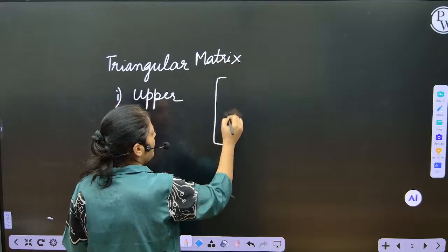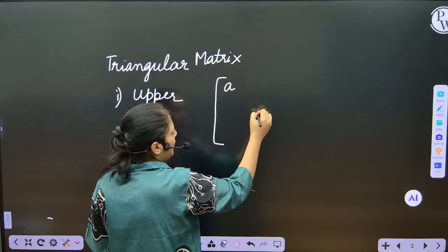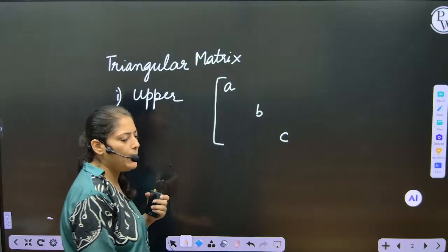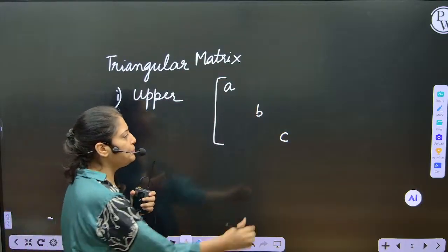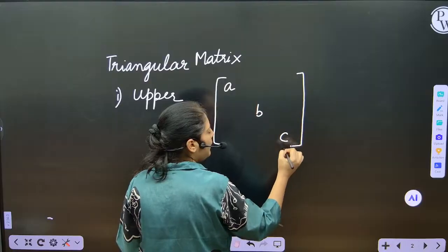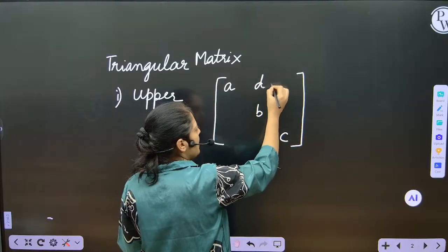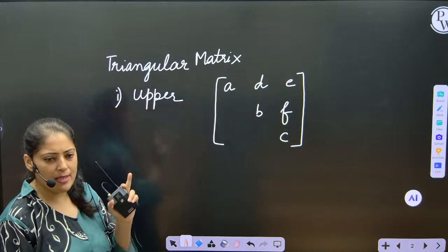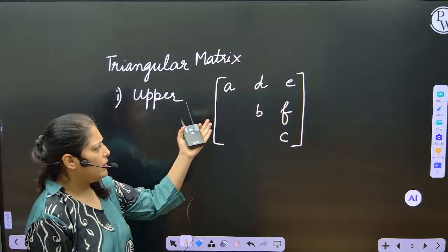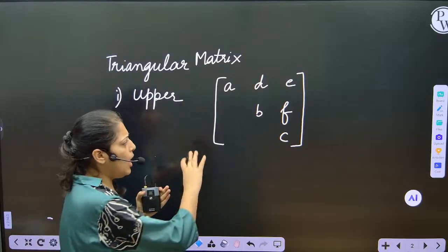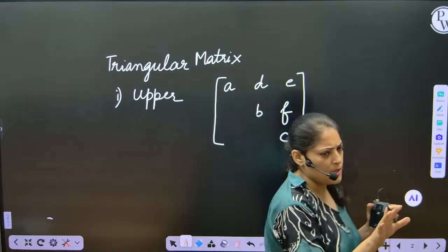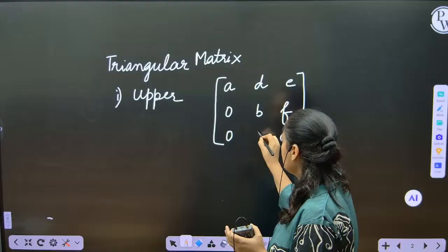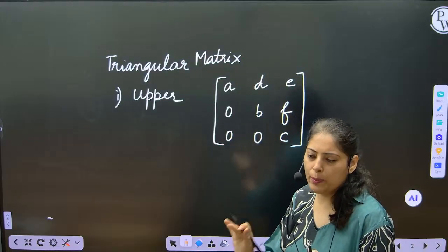Suppose A, B, C are the diagonal elements of a 3 cross 3 matrix. Of course, I'm talking about a square matrix here. Suppose D, E, F, that means these elements are already there. Not every element has to be 0, but the remaining ones have to be 0.